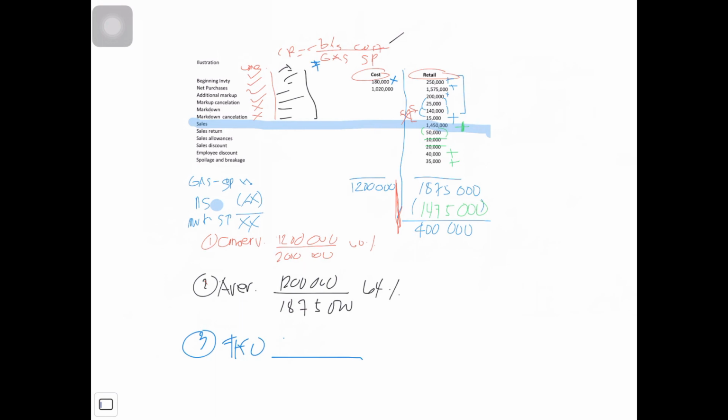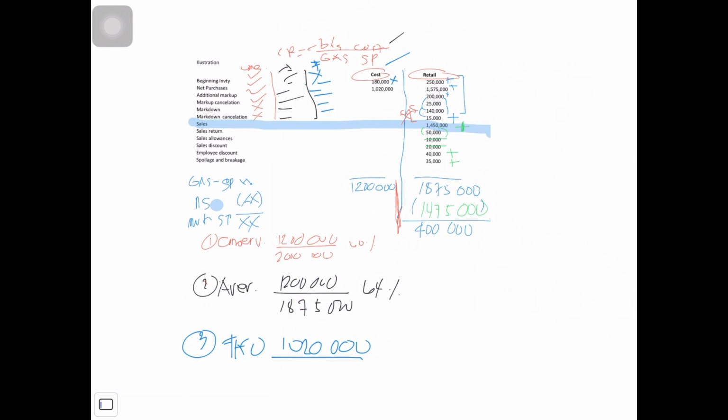So, we have 1,020. And for goods available for sale at selling price, beginning is not included, purchases included, additional markup included, markup cancellation included, markdown included, markdown cancellation included.